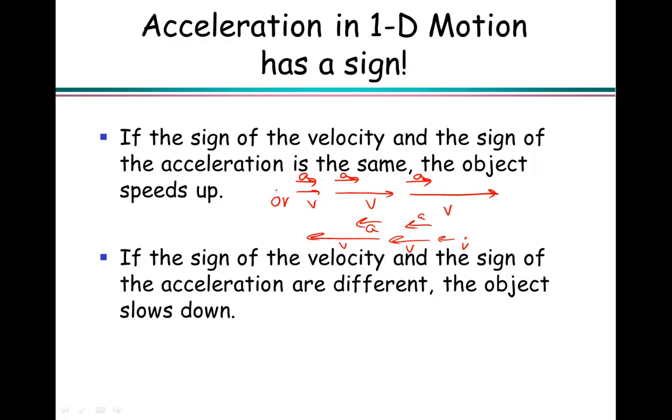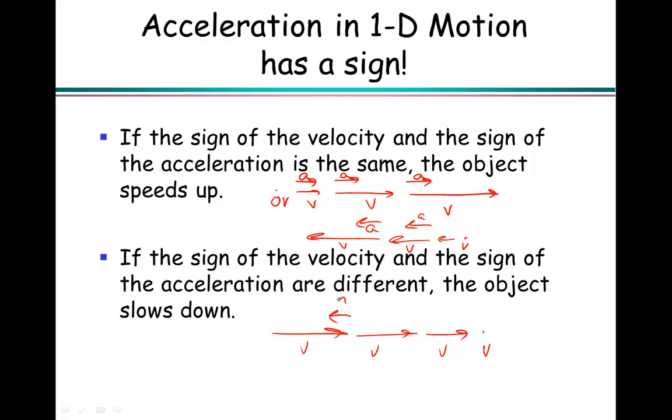However, if the sign of the velocity and the sign of acceleration are different, the object's slowing down. So let's look at an example of that. If I had an object that was already moving relatively quickly, here's what would happen to the acceleration. The change in this velocity from this previous velocity would be about that much.